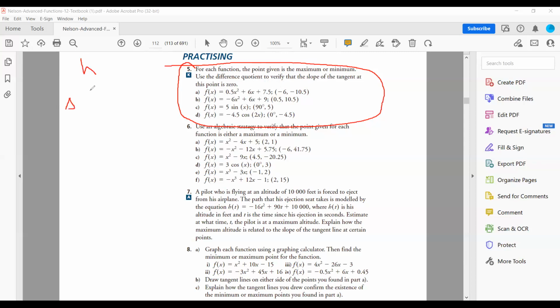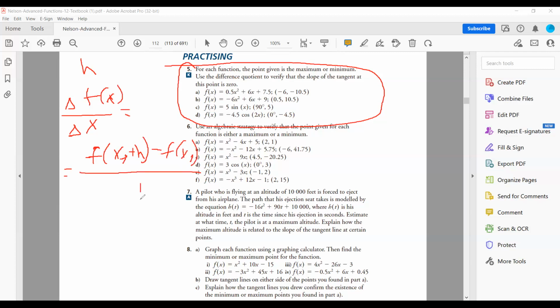Delta f of x over delta x equals f of x2, where x2 equals x1 plus h, subtract f of x1, divided by h. Please use this formula to solve problem number 5.